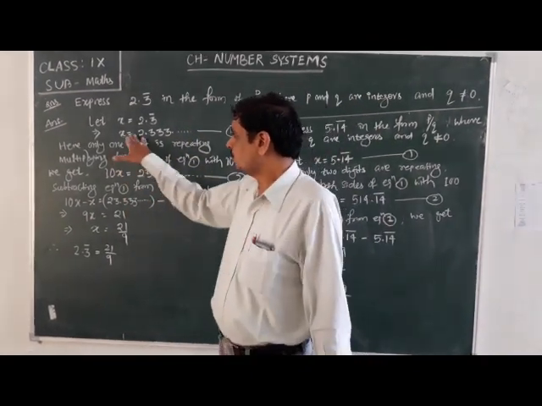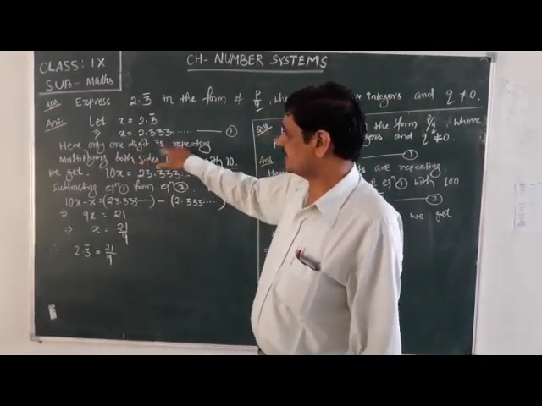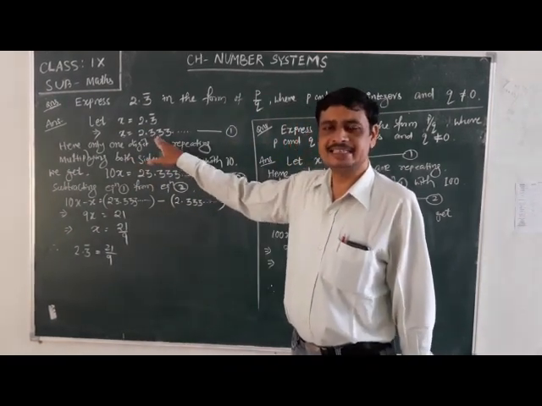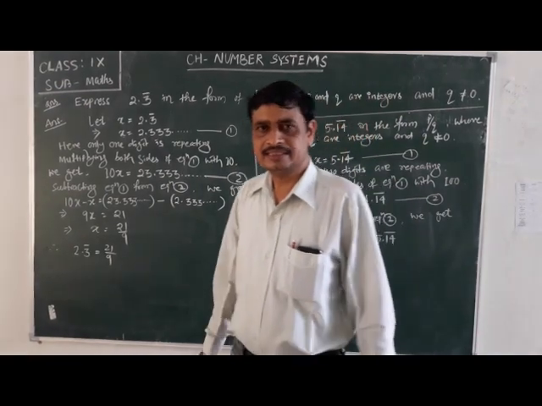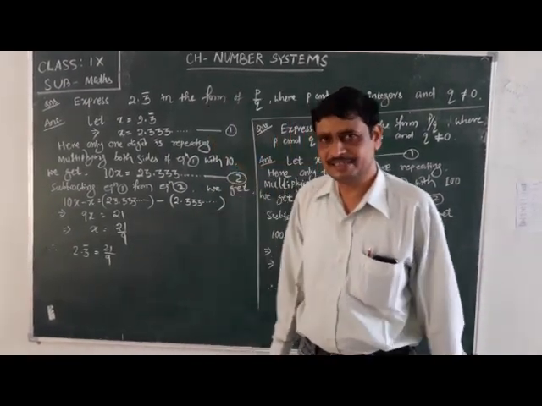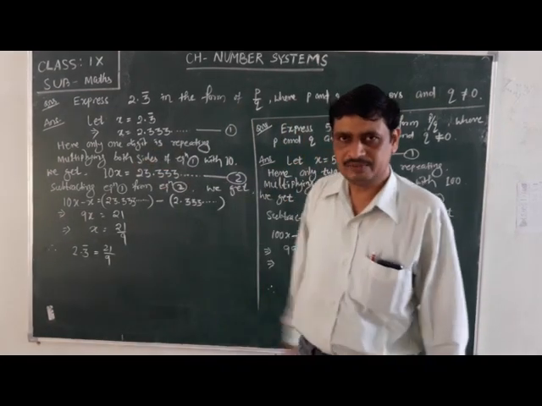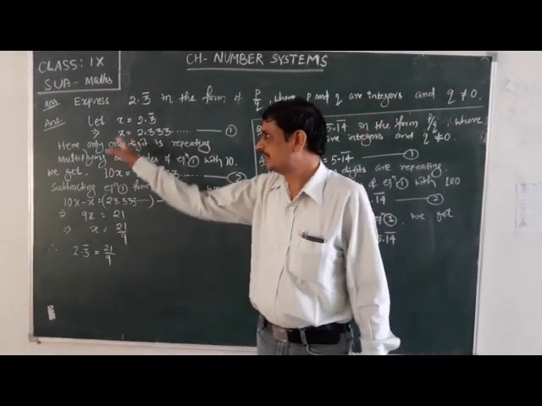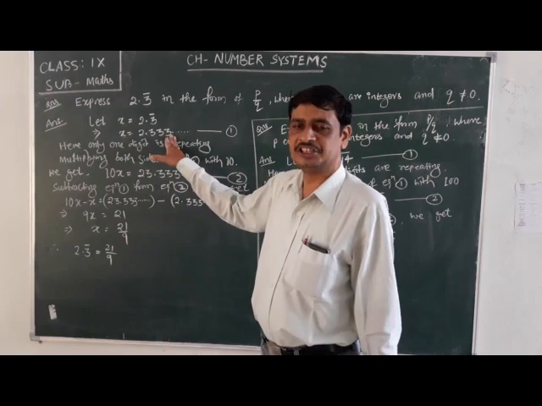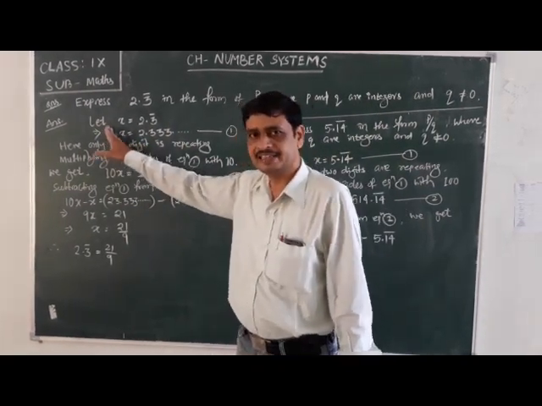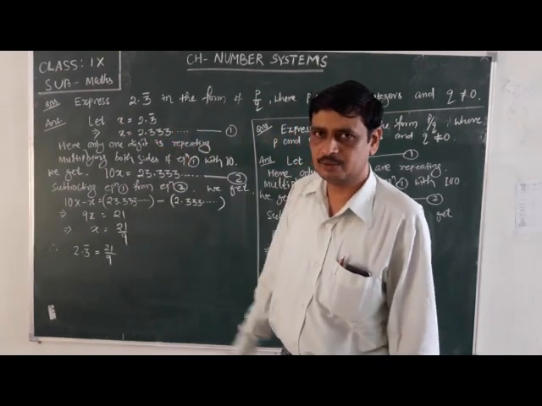Next, here we observe that only one digit, that is 3, is repeating. Since only one digit is repeating, we can multiply by 10. When we multiply equation 1 by 10, that means we multiply 10 on both the left side and right side of equation 1.